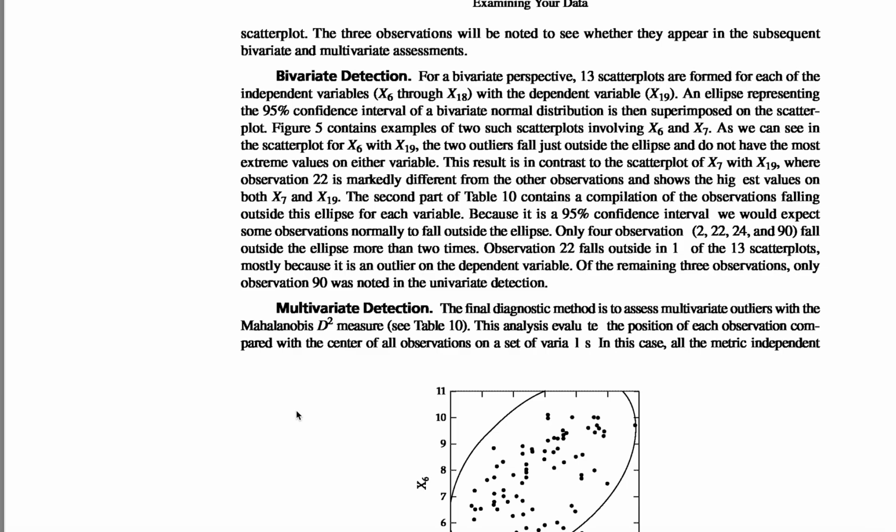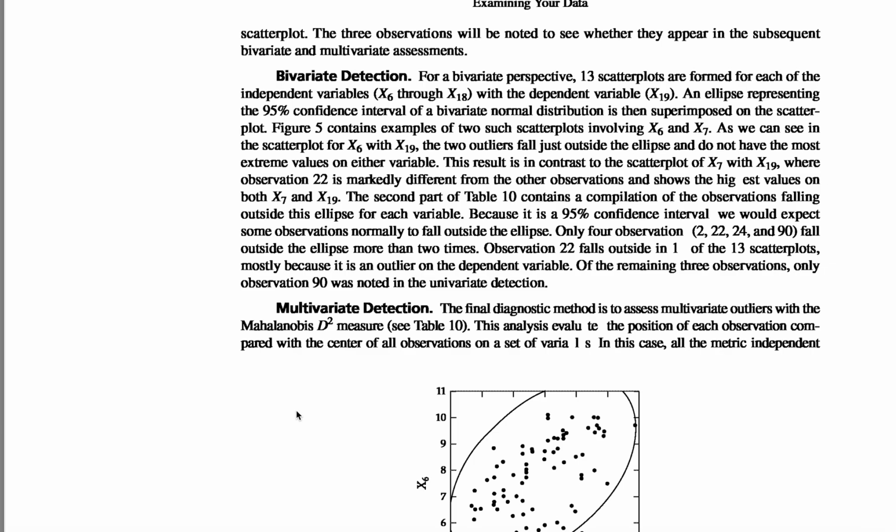As we can see in the scatter plot for X6 with X19, the two outliers fall just outside the ellipse and do not have the most extreme values on either variable. The result is in contrast to the scatter plot of X7 with X19, where observation 22 is markedly different from the other observations and shows the highest values on both X7 and X19.